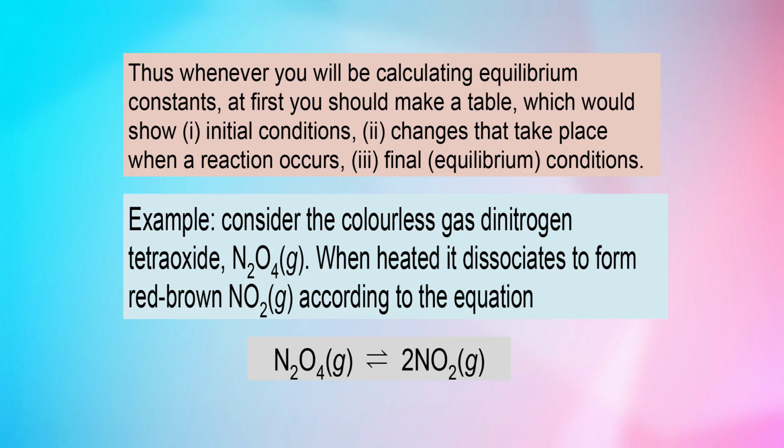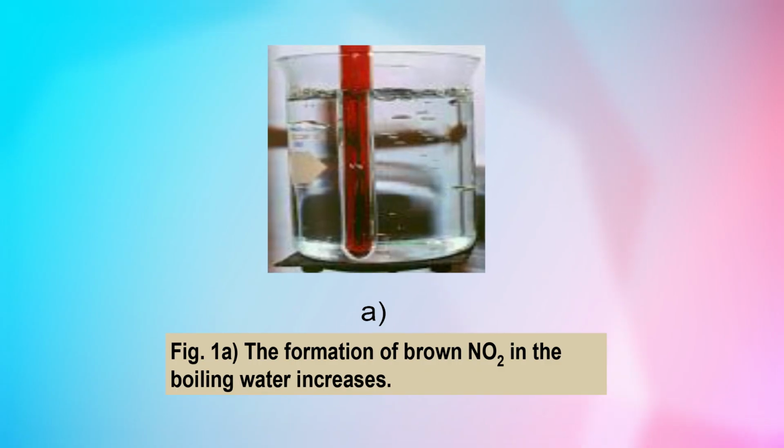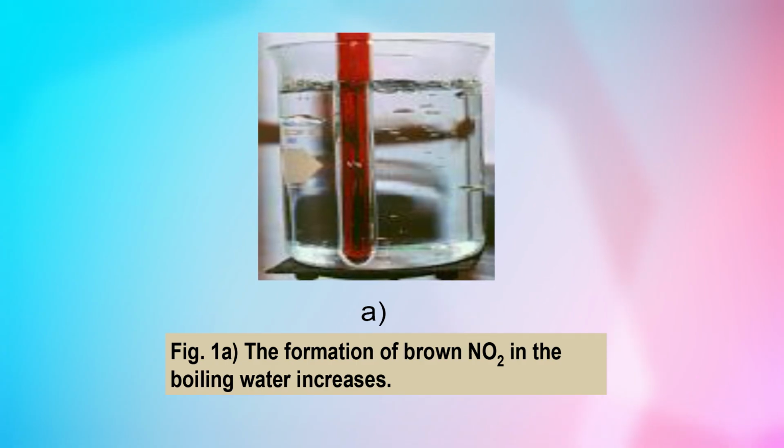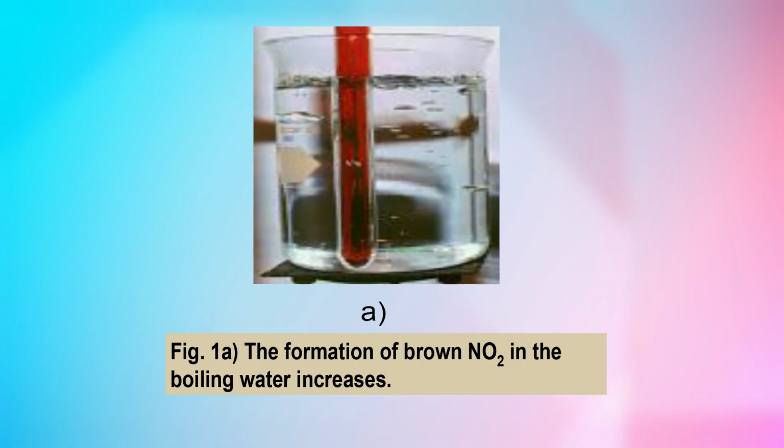Dinitrogen tetroxide, N2O4, when heated, dissociates to form red brown NO2 gas. Here is a photo of the formation of brown NO2 in boiling water, and next you see the opposite. Just as I told you before, you must imagine that reversible reactions can happen from any direction, from left to right, right to left, reactant to product, product to reactant.